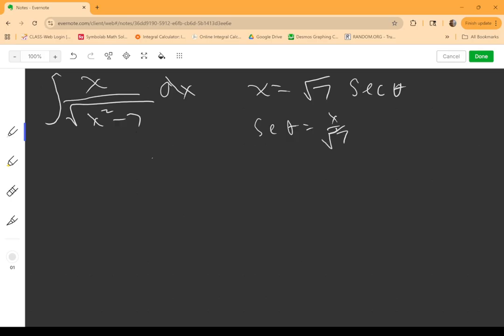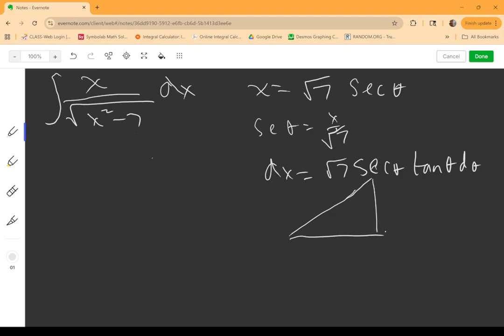And then our dx is root 7 secant theta tangent theta d theta.